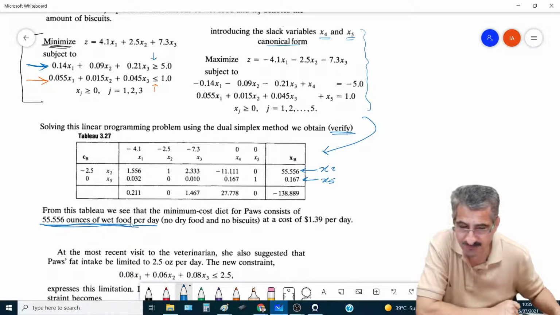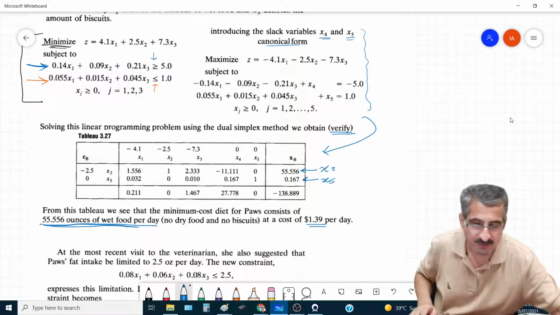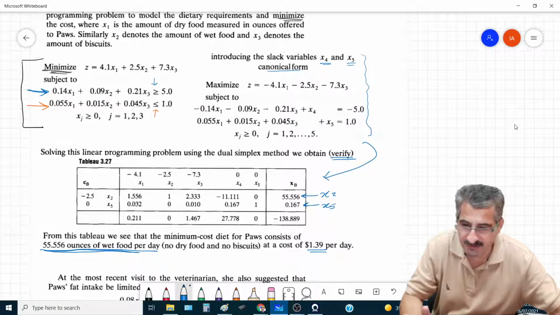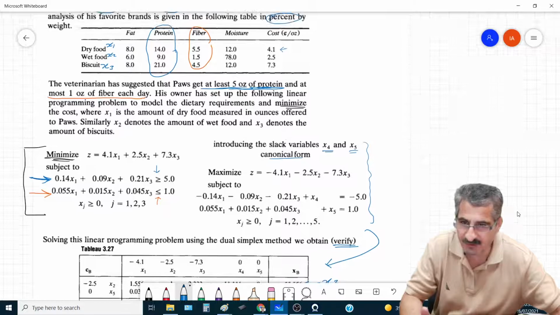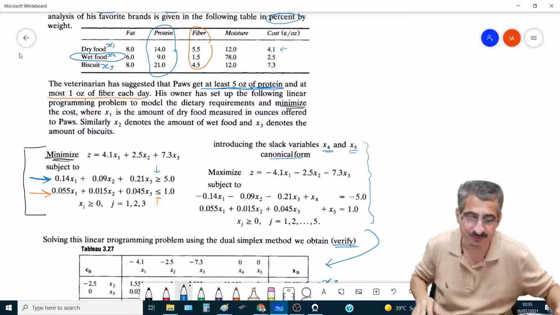So the solution here and the cost is that much. So to make the optimal solution, we only needed to use one kind of food, which is wet food, this kind only. We did not use dry food or biscuits.